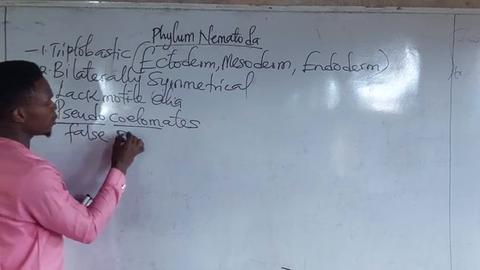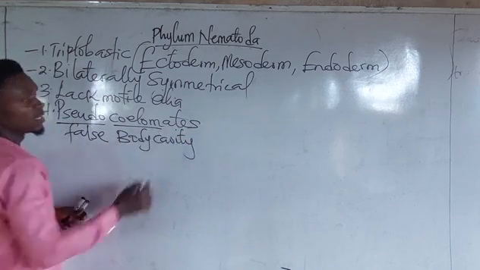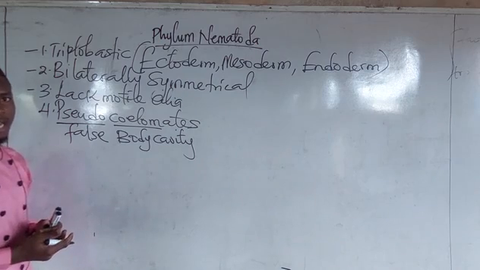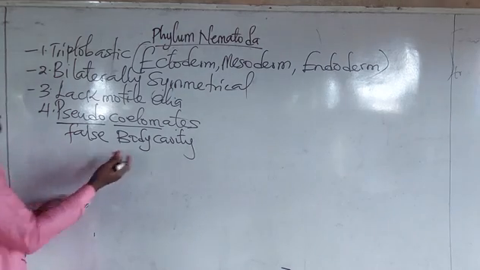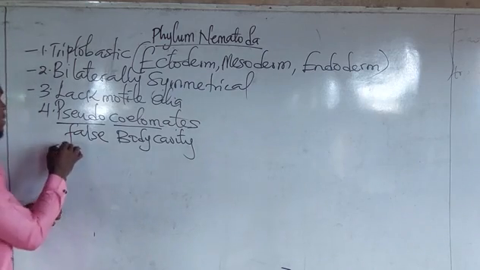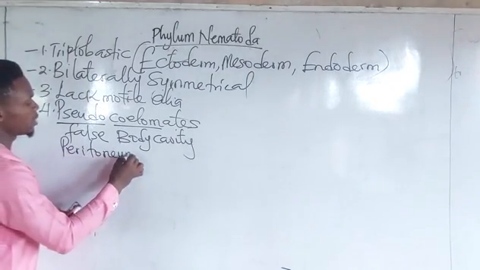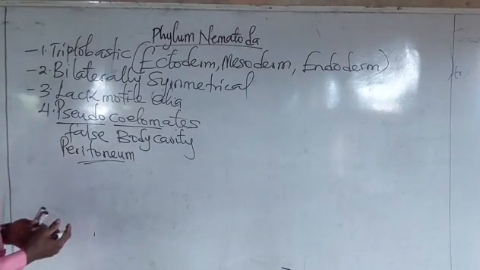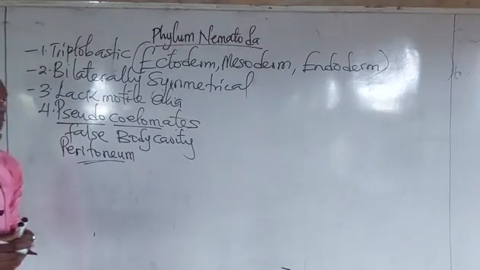Coelom means body cavity. Therefore, these organisms have a false body cavity, and their false body cavity is lined by a structure called the peritoneum. It is very, very important.